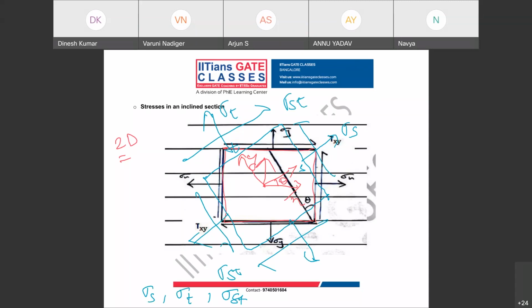Now I am putting a question to you guys. If you take this triangular element and find this normal stress and the corresponding shear stress, you know some formula. Now tell me, guys, is this normal stress sigma S or sigma T? What is this stress, guys?